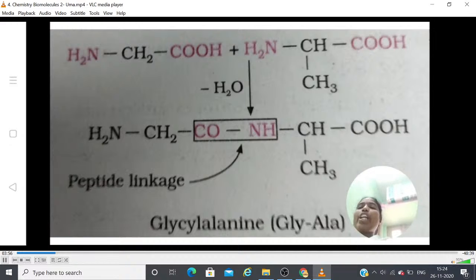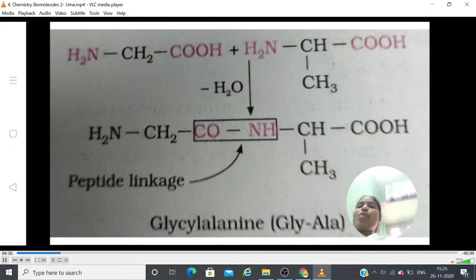In the COOH group, OH is removed, and at the same time the NH2 amine group loses hydrogen. Both are removed as a water molecule to form one amide group, that is the CONH group, which is also called the peptide linkage.